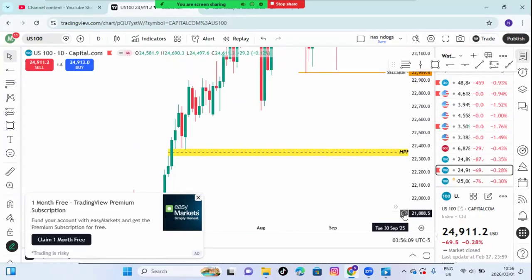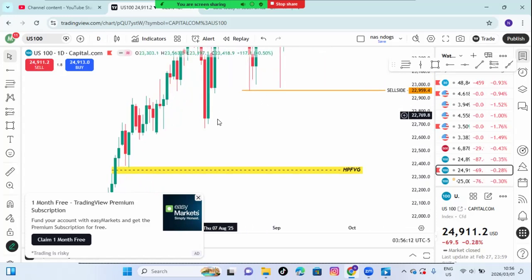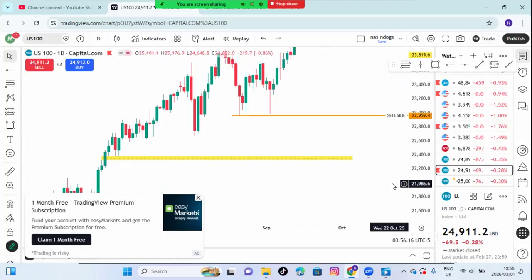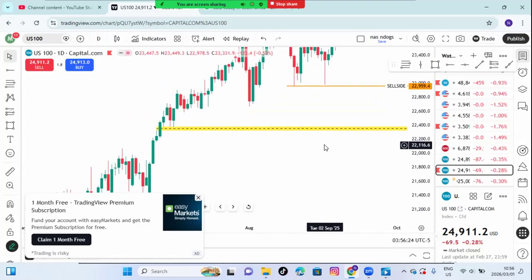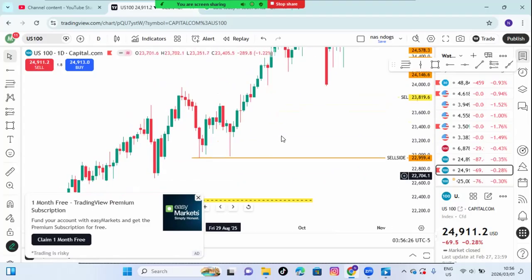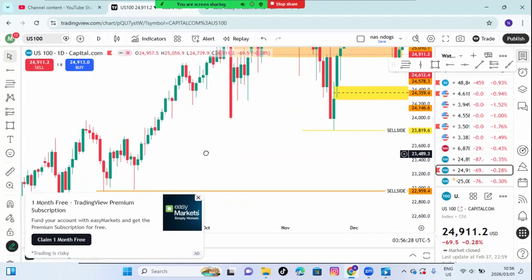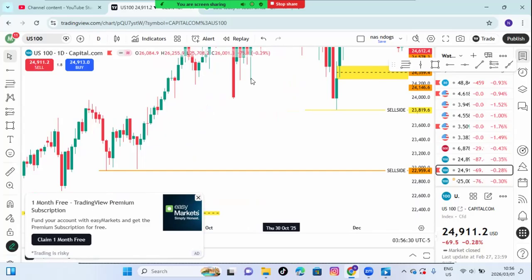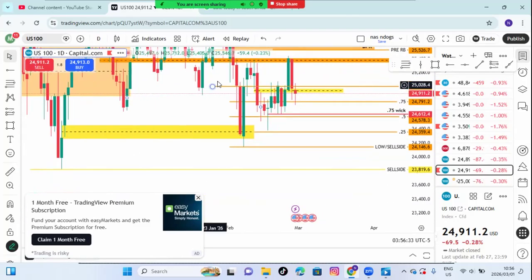So the question is, below these lows here and these lows here, how far can it go? Exactly here. Right? Exactly there. So we're just gonna anticipate a lot of selling, bearish on the NASDAQ.